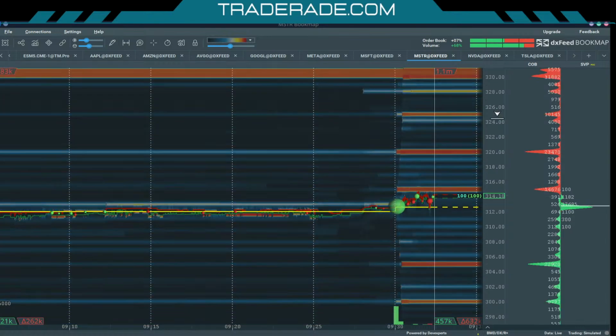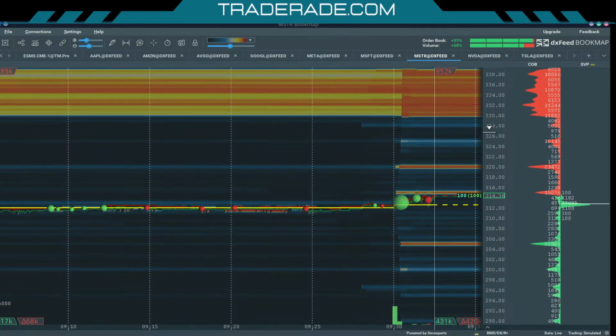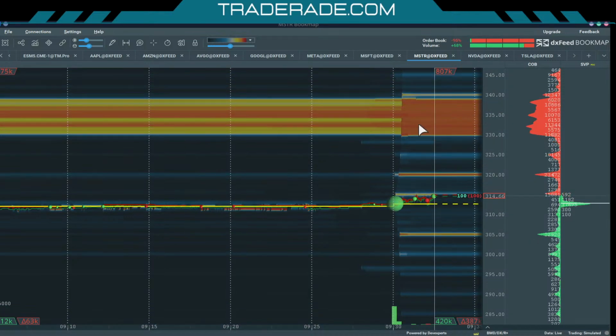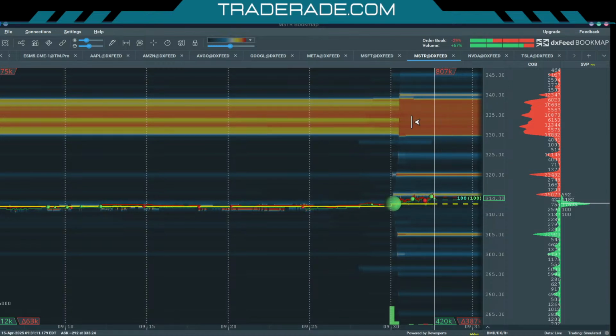Then there's MicroStrategy. I like to watch it because it's just a high beta shitco. It's a fun vehicle to watch. Look at all that liquidity up there, too. There is a lot of interest in higher prices on MicroStrategy. So we'll be watching that one, especially options flow and gamma levels on this, because I have a feeling there's some serious confluence here.